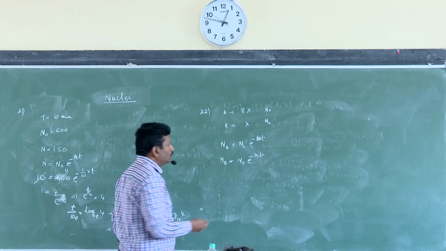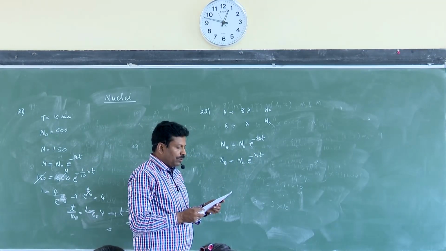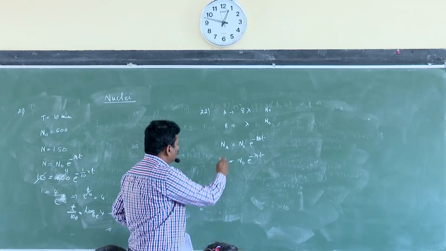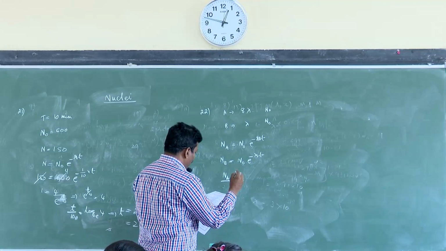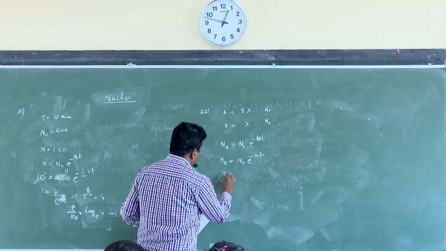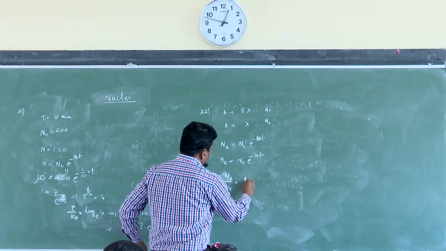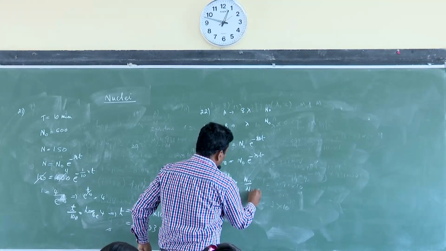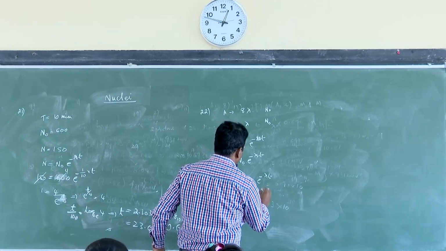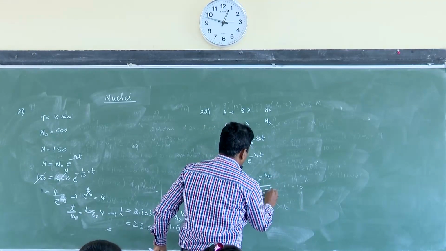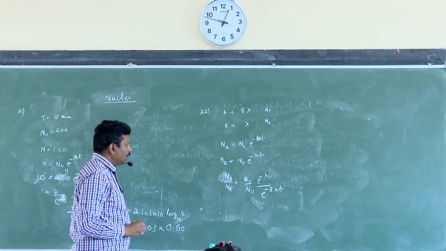So Nb by Na will be 1 by e. Understood till here?